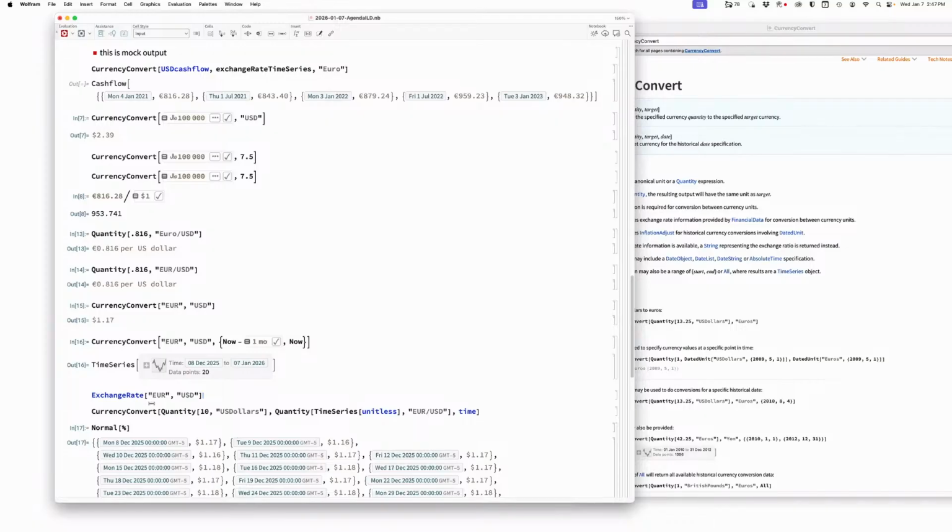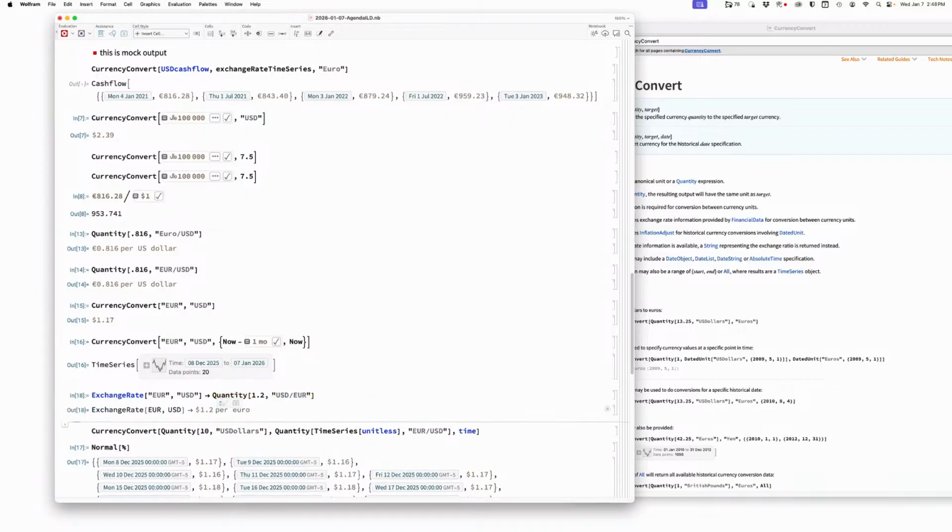What does exchange rate from blah to blah mean? Which way around does this go? Okay, so it's dollars per euro, right? This would give a result in dollars. This would be a quantity. Okay, fine.